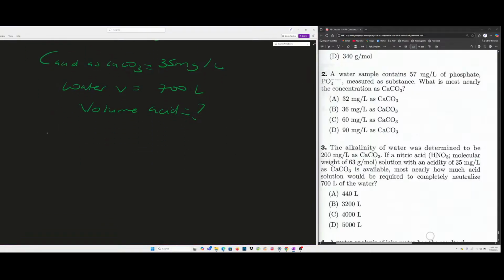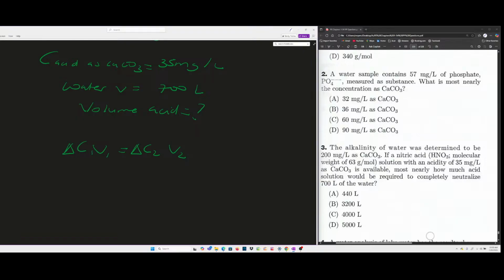So the formula we're going to use is C1V1 equals C2V2. Same as changing concentration, we use the change in concentration.